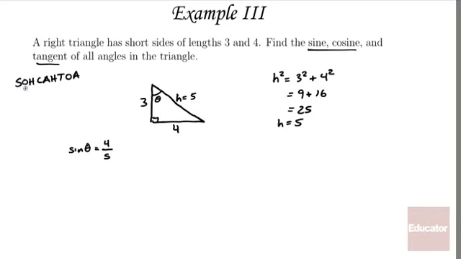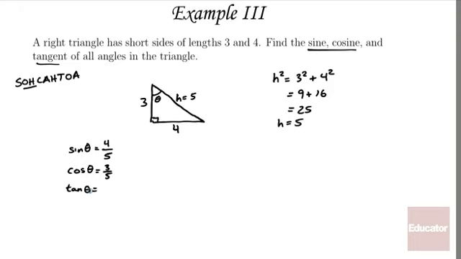Of course, sine theta is opposite over hypotenuse, and the hypotenuse is 5. So sine theta there is 4/5. Cosine theta is equal to adjacent over hypotenuse. Well, the side adjacent to theta is 3. Hypotenuse is still 5.